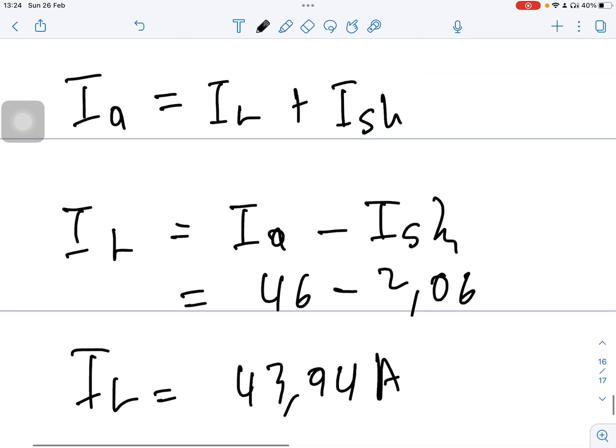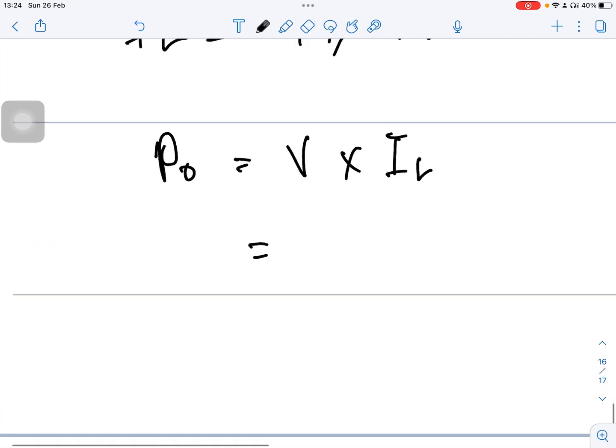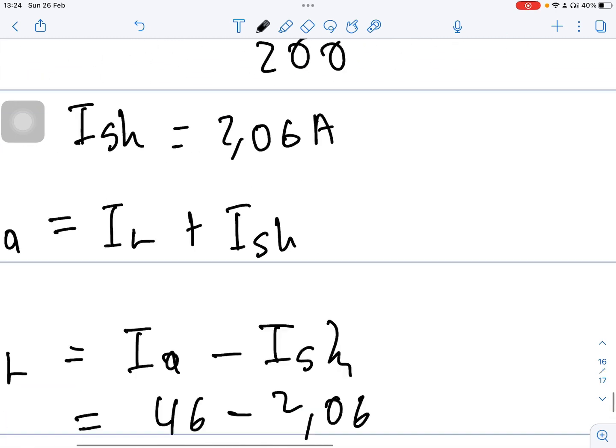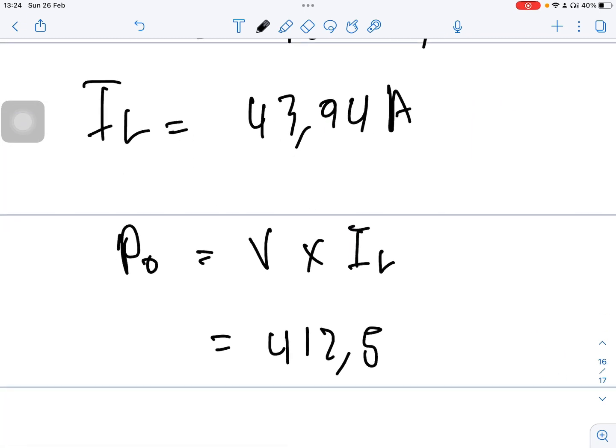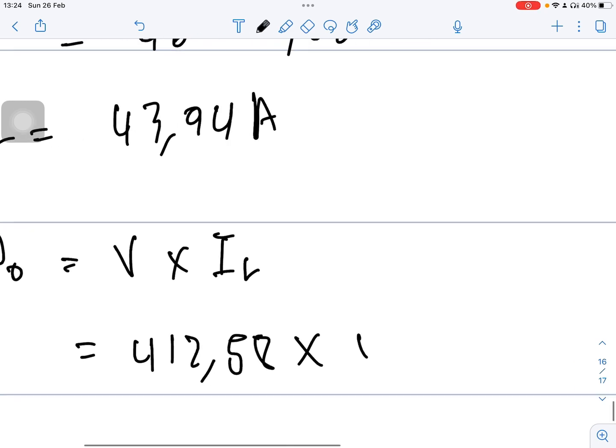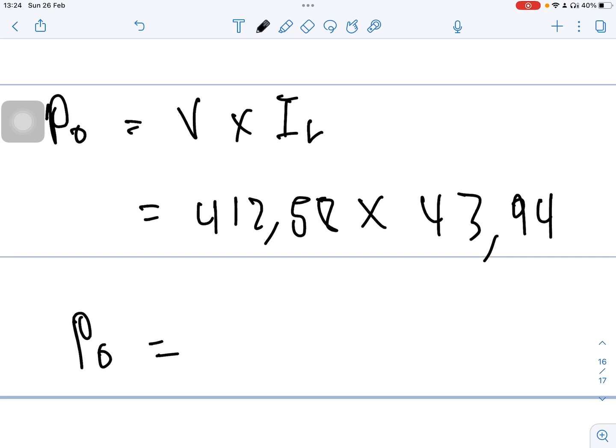So our V is 412.58, then our current is 43.94. Let's calculate this electrical power output. 412.58 times 43.94.